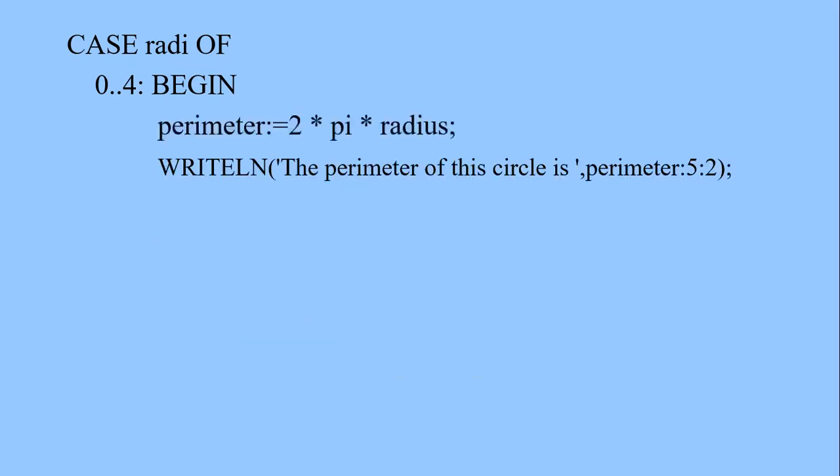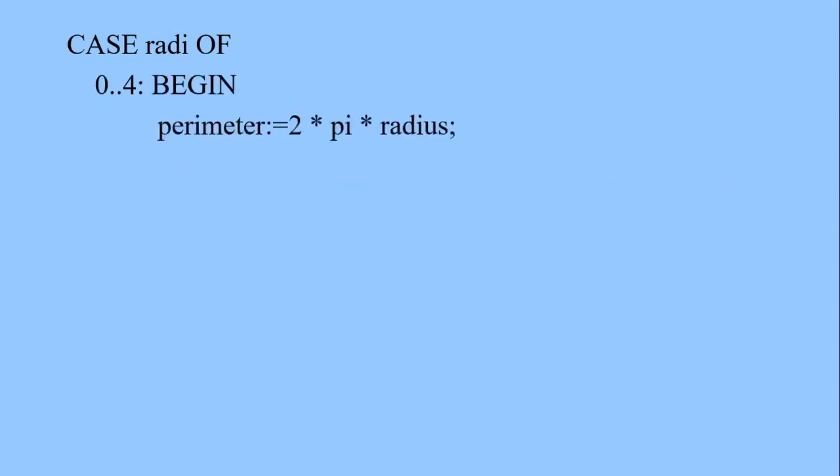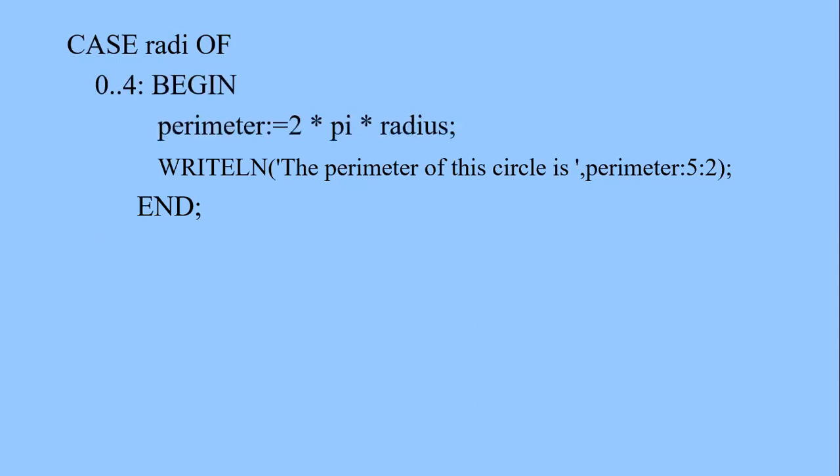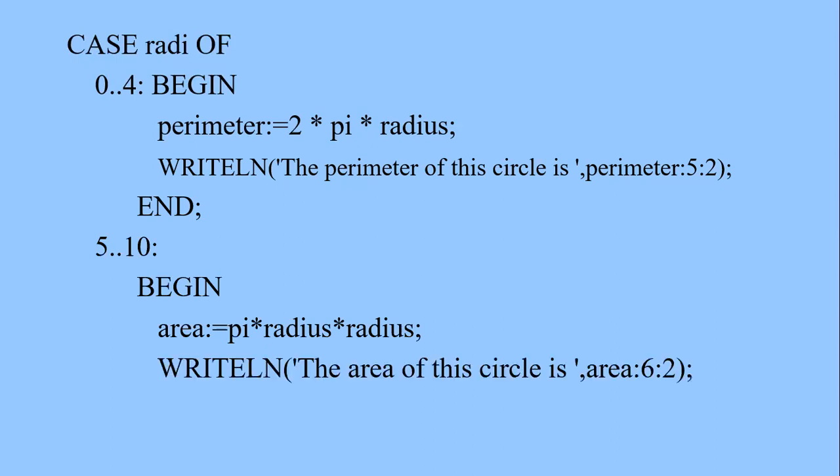So that part will be skipped. The whole of this part will be skipped, and then the next condition will be checked. Is the value of radii between 5 and 10? Yes, 7 is between 5 and 10. So these statements here will be executed. The processor will compute the area and display the area and end.